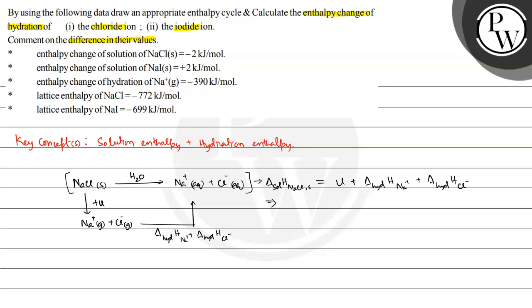So solution enthalpy of NaCl is given to us, that is -2, equal to lattice enthalpy of NaCl, that is -722, plus hydration enthalpy of Na plus, which is also given, -390, plus hydration enthalpy of Cl minus.